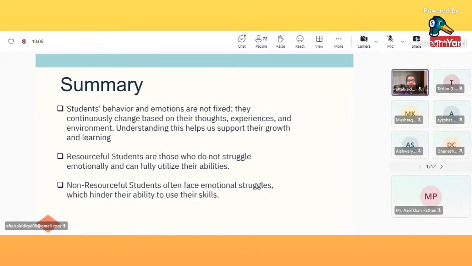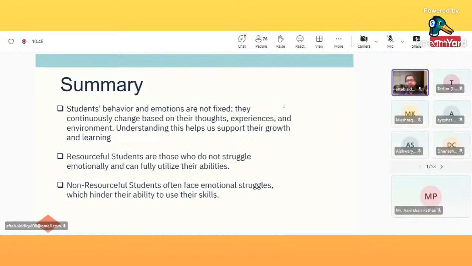And in that, we learned that there are two types of students, or two zones in which students live their life. The first one is resourceful students. Resourceful students are those who do not struggle emotionally. Maybe sometimes they do get some emotions, but more often they are in a good state of mind. They can handle their emotions very well, and hence they can fully utilize their abilities.